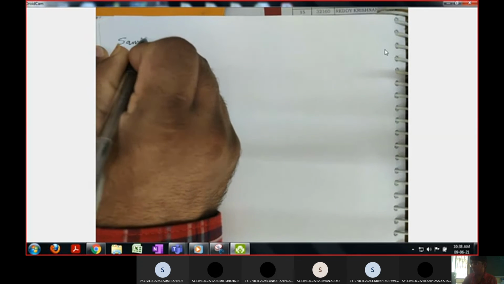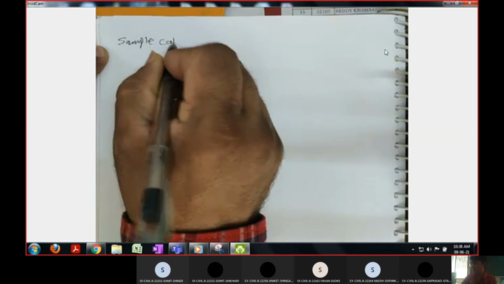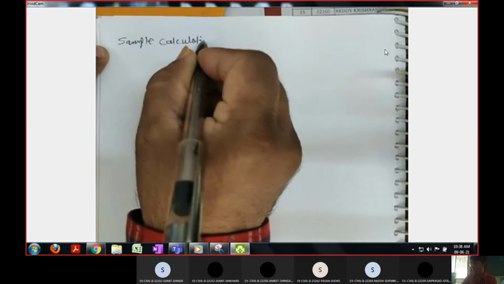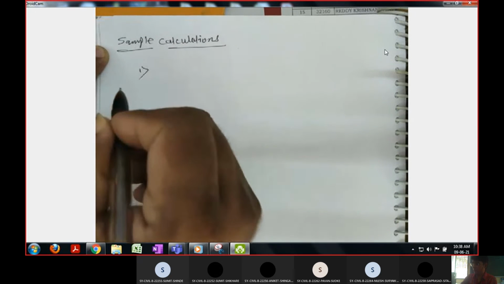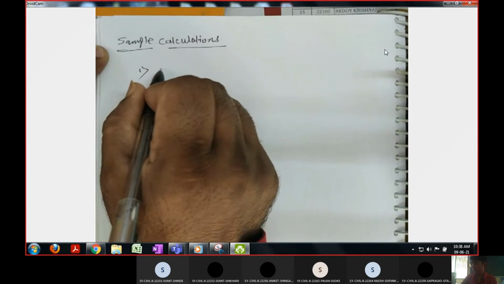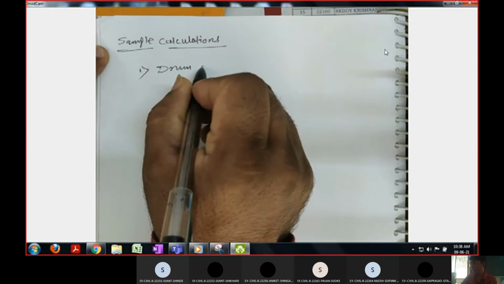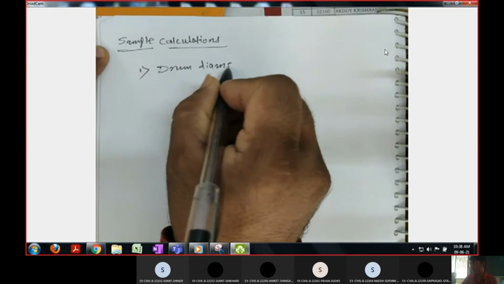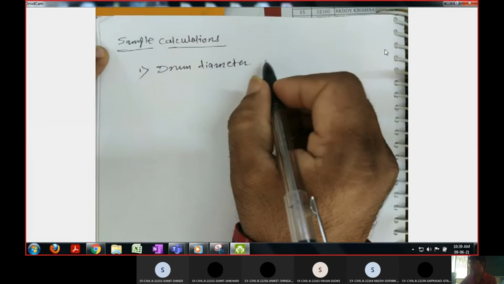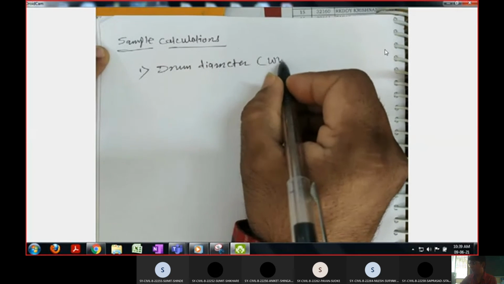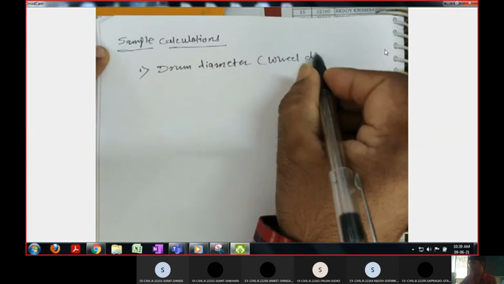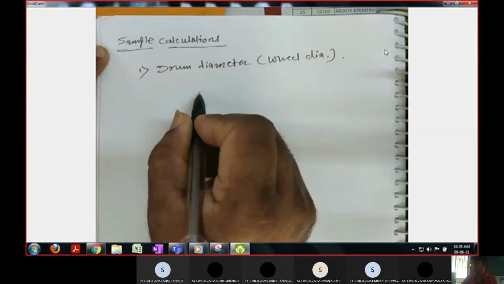Now the sample calculation. First, the drum diameter, that is the wheel diameter of the Pelton wheel turbine, the wheel diameter over which we can apply the load.